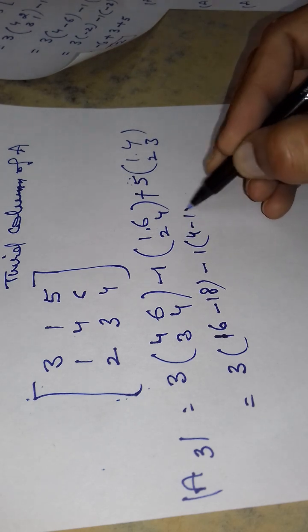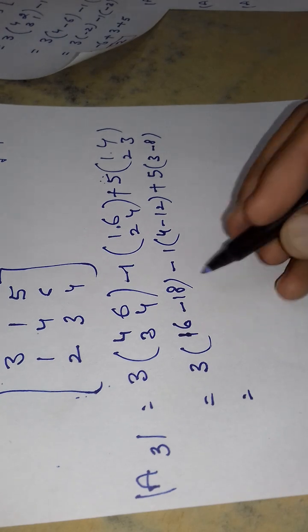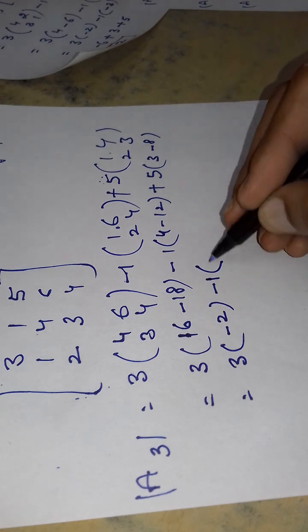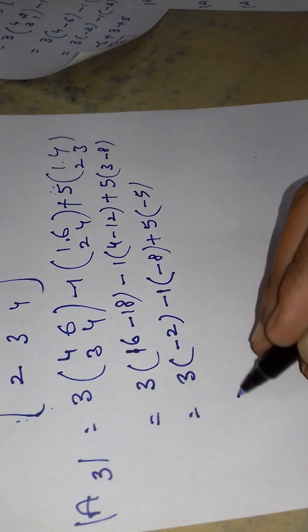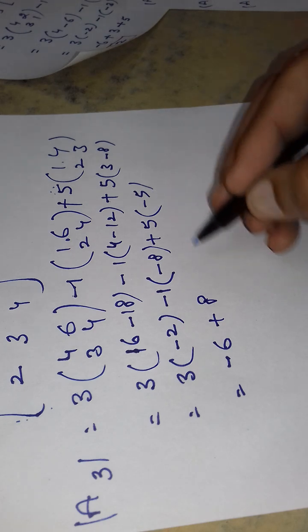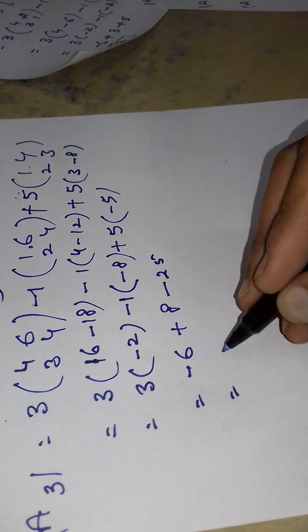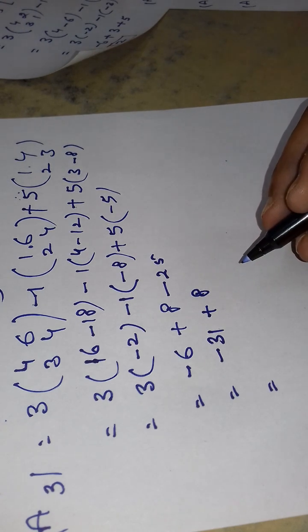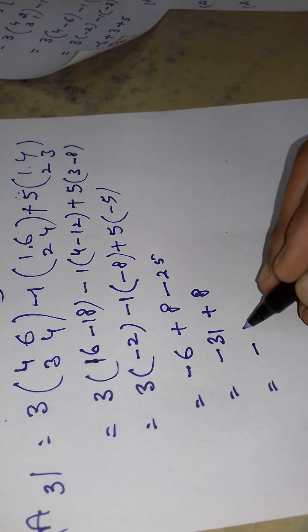That gives minus 6 plus 8 minus 25, equals minus 31 plus 8, which is minus 23.